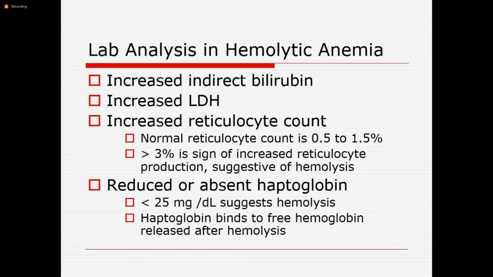Because of increased destruction, you would find increased retic count. When there is peripheral destruction of the red blood cell, marrow tries to compensate this, and as a result, reticulocyte number would increase. More than 3% is a sign of increased reticulocyte production, suggestive of hemolysis or peripheral destruction.